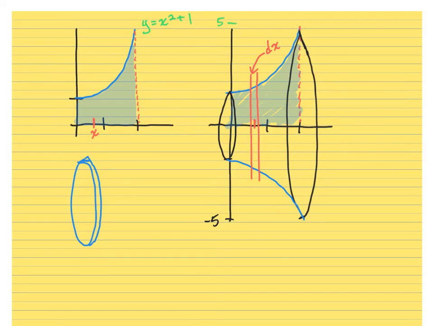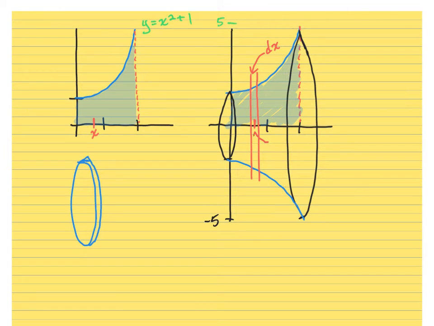Because notice, if I were to slice over here, I would get a bigger disc, right? So I'm getting similar shaped objects here, but the way I get this object is by a revolution. So what I need to do is figure out what the dimensions of this disc are so that I can find its volume.